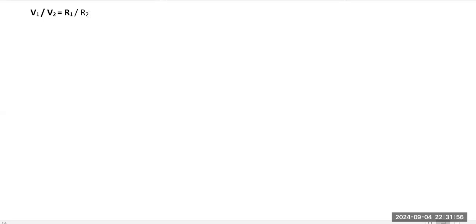This is the formula. Okay, this is the formula of potential divider. Basically, you have to remember this formula, just like that.